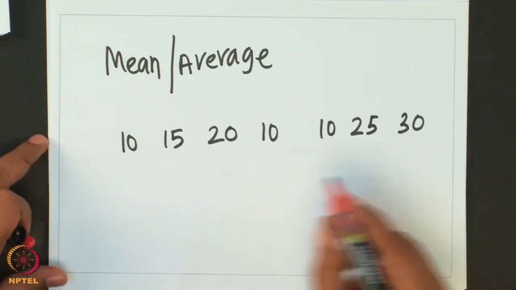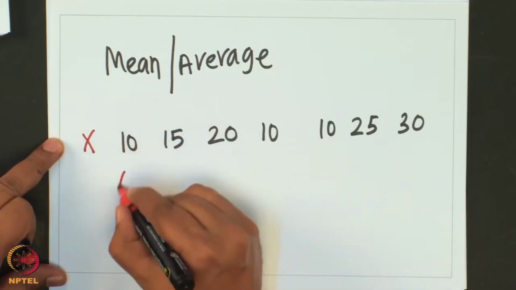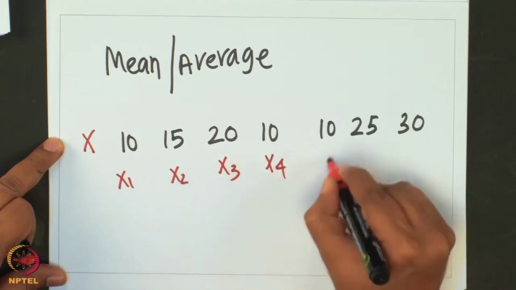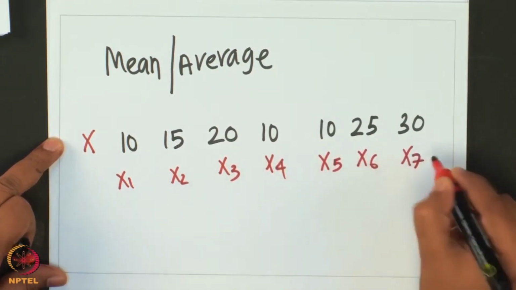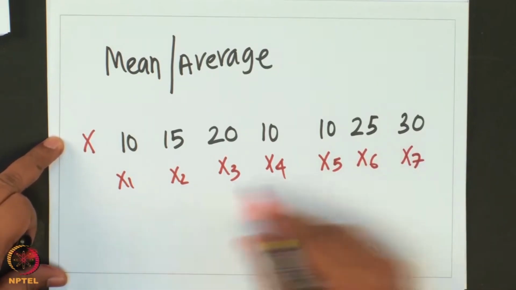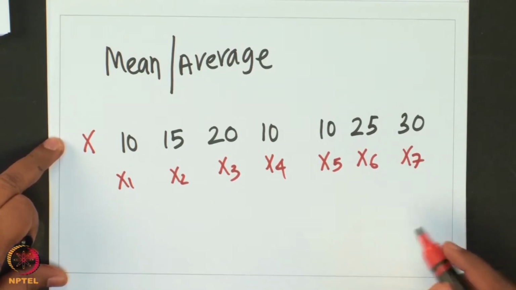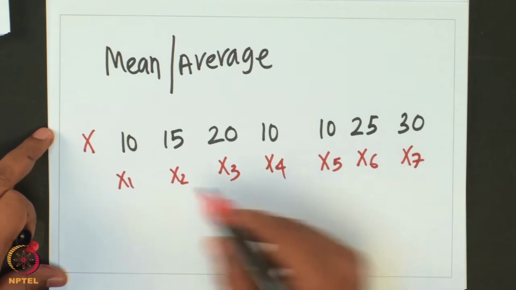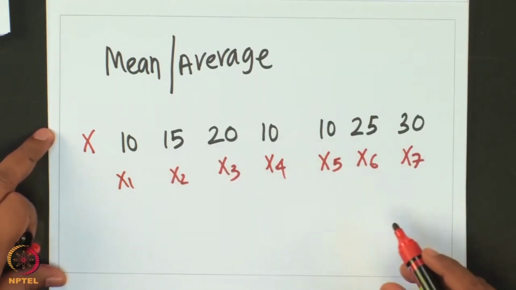This could be any quantity of your interest. Let me call this x. So, this is x1, x2, x3, x4, x5, x6, x7. This is a quantity that you measured either in 7 different individuals or 7 different cells, or whatever be the context. We have 7 numbers and we want to convey the meaning of this.